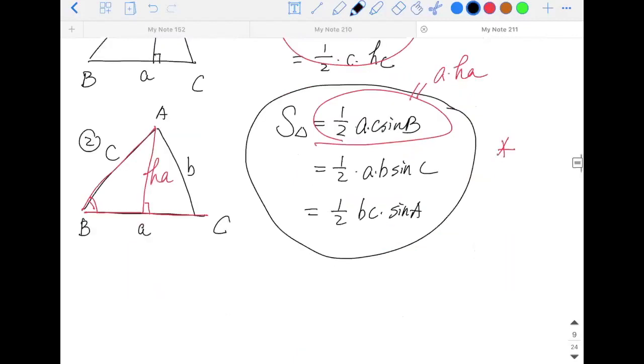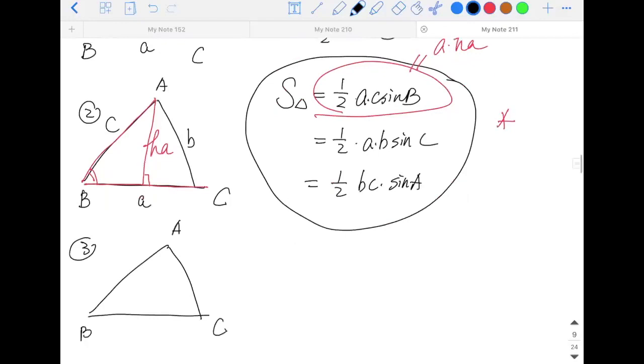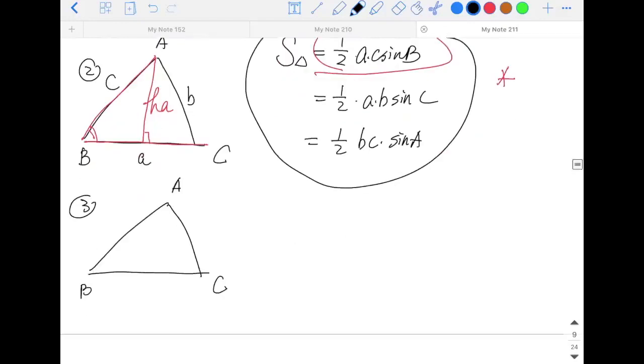So the third one, A, B, C. If the question only gives you 3 sides, A, B, C, the question does not really ask you to determine the height. You can directly determine the area of a triangle provided the 3 sides have been given.